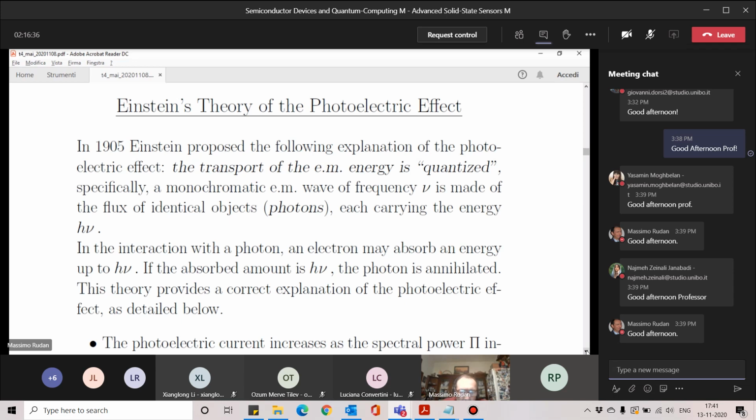Then we split the electromagnetic field, by Fourier analysis, into a set of monochromatic waves, each wave with its own frequency, and we call them modes, and each mode has an energy. Okay, this is classical electromagnetic theory.